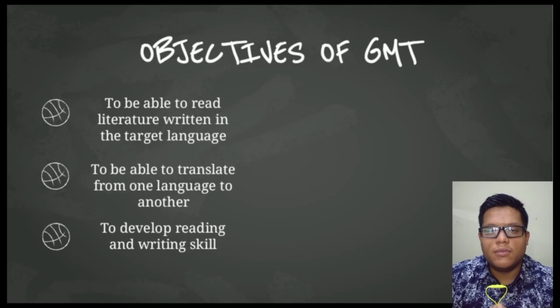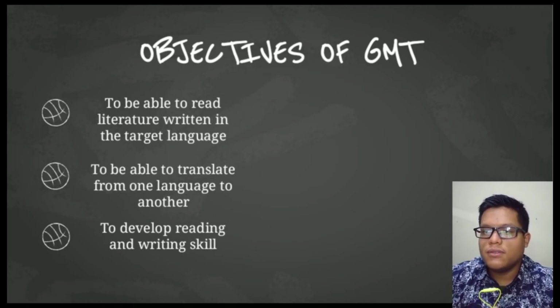We are English people, or maybe we are American. We want to learn about Spanish. We want to speak well in Spanish. It means you can translate your language to Spanish language. So it is also GTM objectives after we learn about this method.